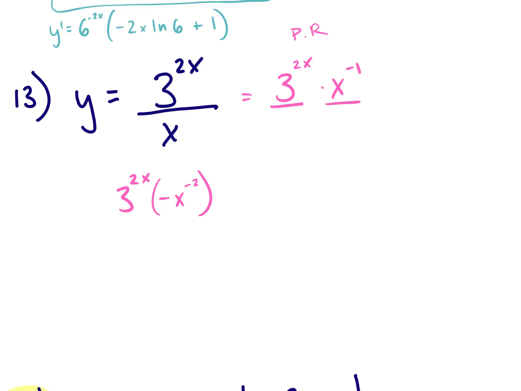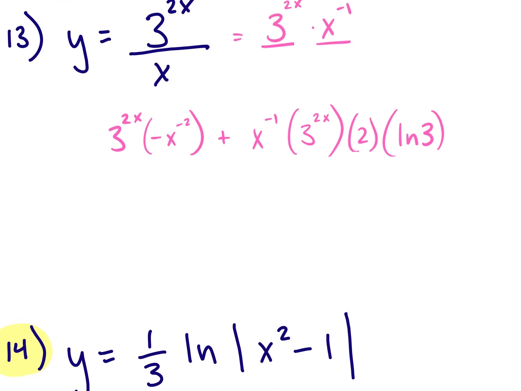So the first times the derivative of the second plus the second, x to the power of negative 1, times the derivative of the first. So we have 3 to the power of 2x times what? Awesome. Times 2 times the ln of 3. Perfect.